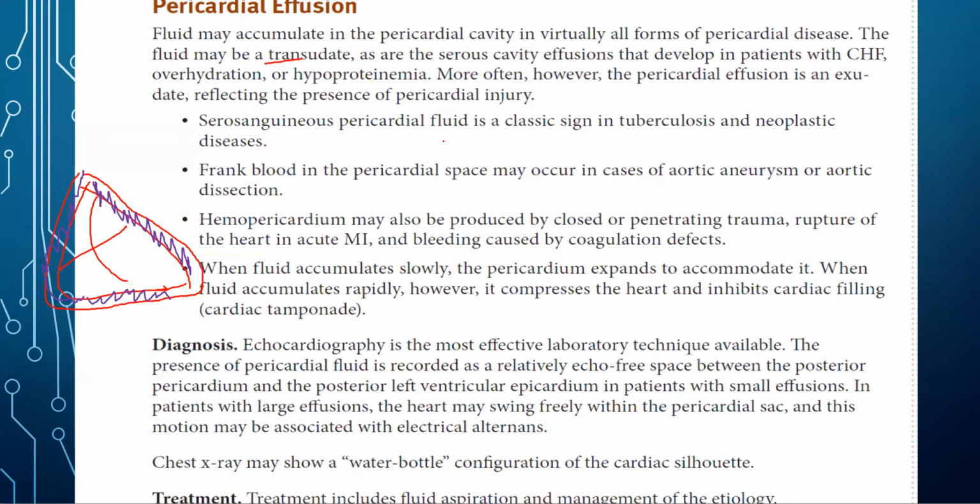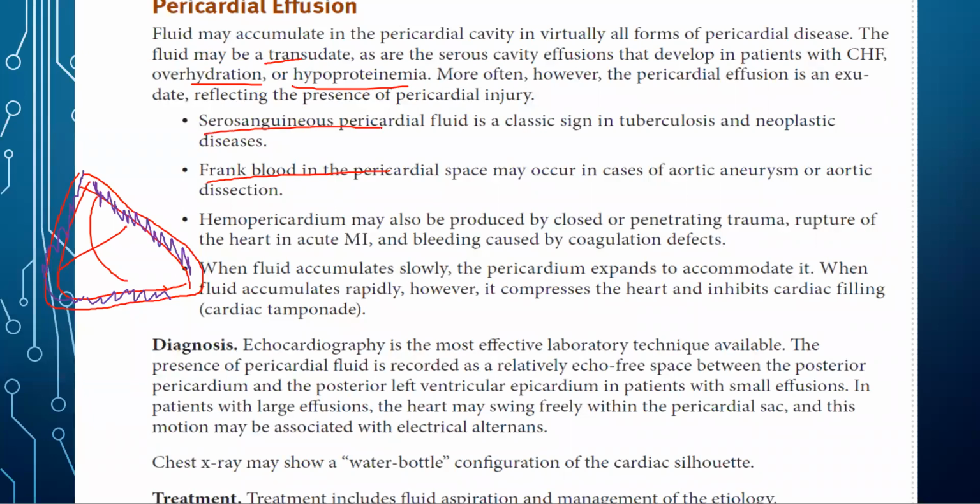If you get a transudative fluid accumulation, most likely that could be any of the failures. So heart failure, maybe kidney failure, liver failure, sometimes could be related to hypoproteinemia or overhydration. If you get frank blood in the pericardial space, that could be aortic dissection.